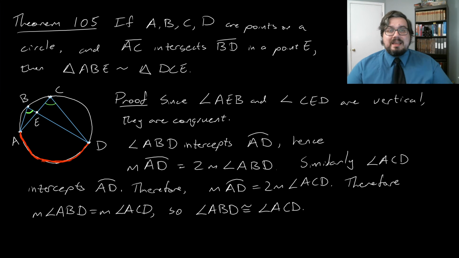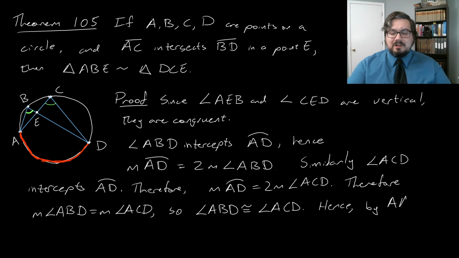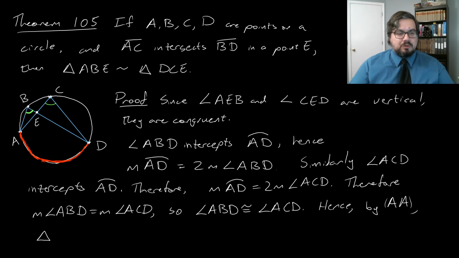But that's good enough. We have angle-angle as a similarity theorem. So hence, by angle-angle, we have that triangle ABE is similar to triangle DCE.